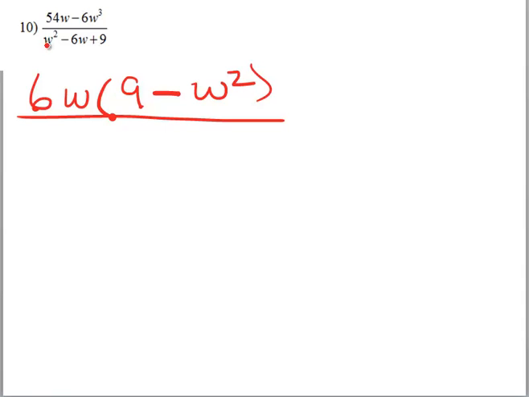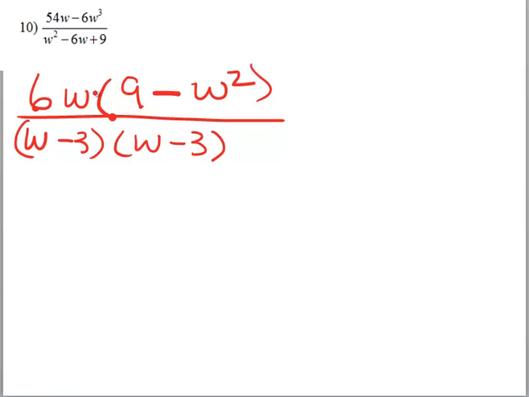And then I can factor this, and this even I can do in my head, because that's a perfect square, and that would give me 3, and 2 3s are 6. So that's W minus 3, W minus 3.